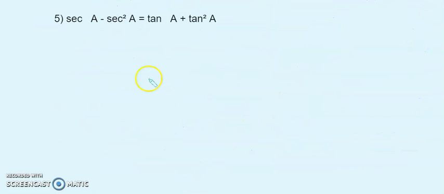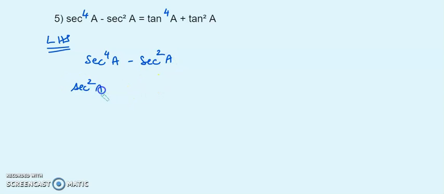Now, oh, it's a printing mistake, 4. Okay, let's start the LHS. Clearly, I can take sec square A as common. So what's left out is sec square A minus 1. Right? Now, what is sec square A?